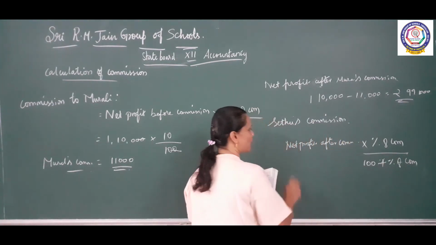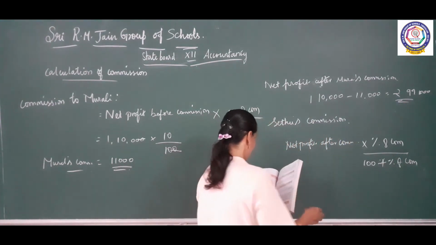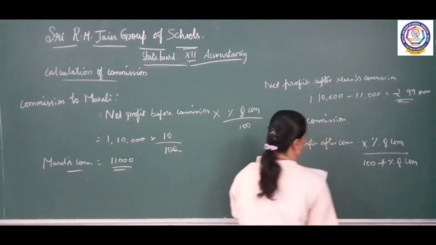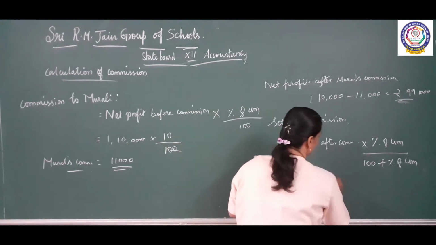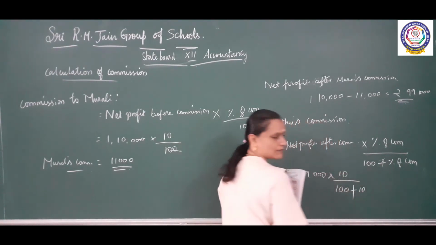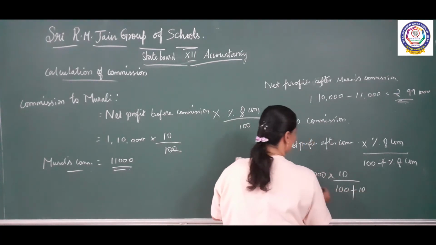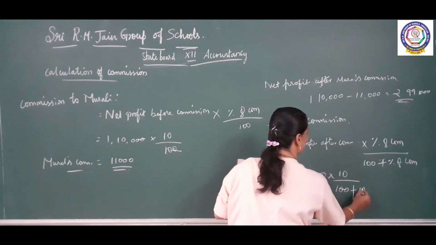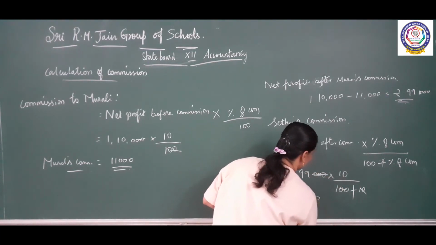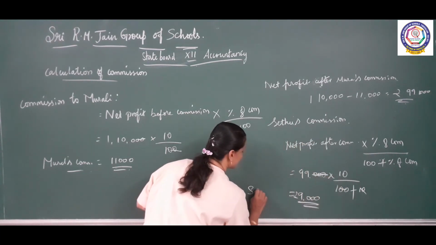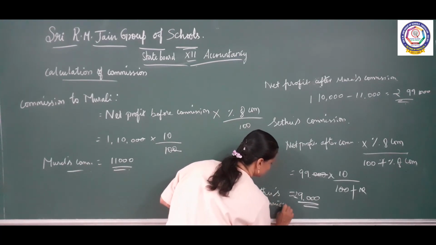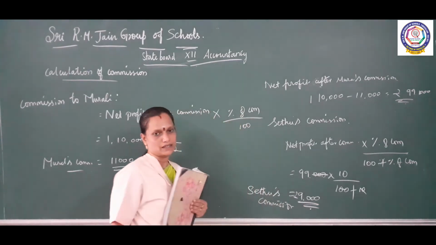Net profit, how much have they given? 99,000 we got, so this amount only we should take. So 99,000 into 10 by 100 plus 10. So 100 plus 10 we should calculate. So 9,000 we got. Sethu is getting commission 9,000. Okay, copy this, children.